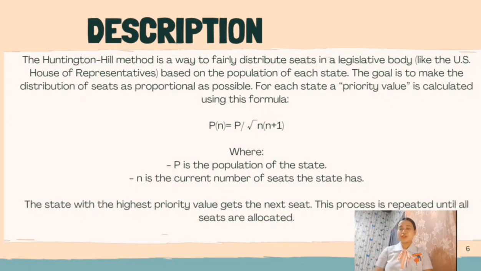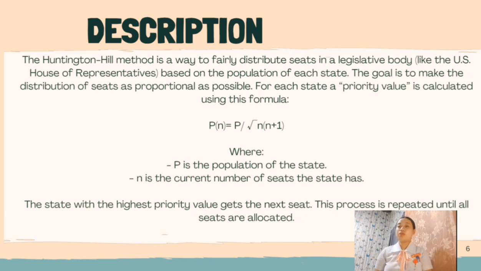Okay, for the next, let's go to the description of the Huntington-Hill method. It is used to fairly assign seats based on population. It starts by giving each state one seat, then calculates a priority value for each state, using its population and the number of seats it already has.